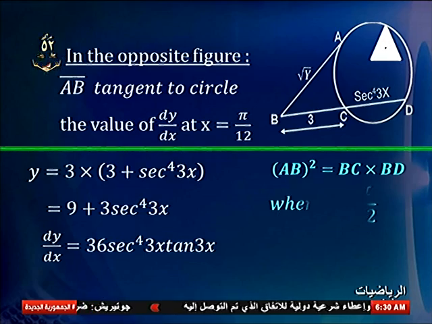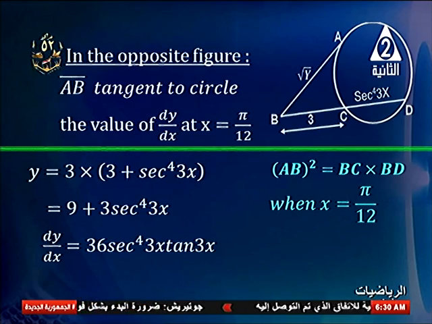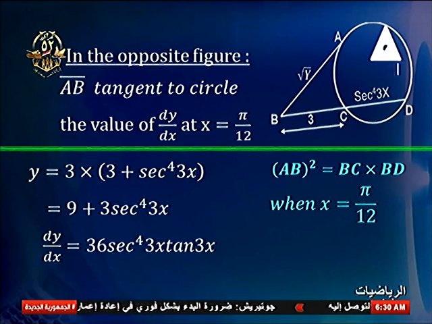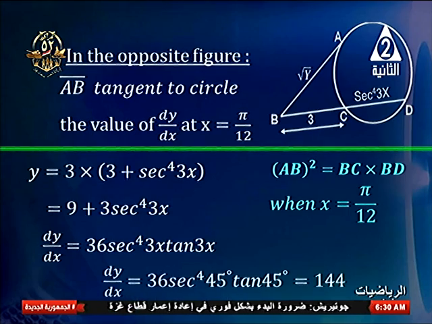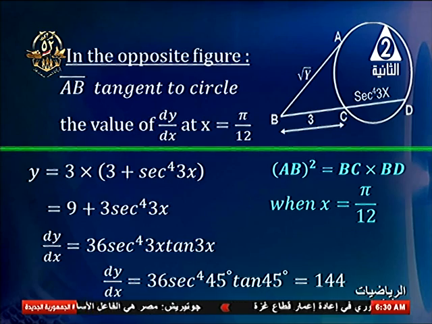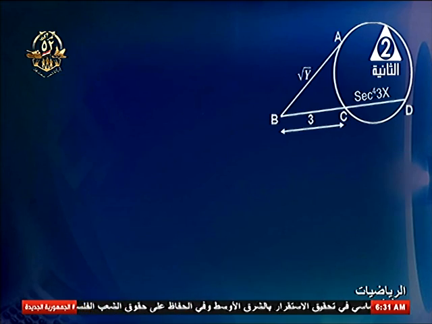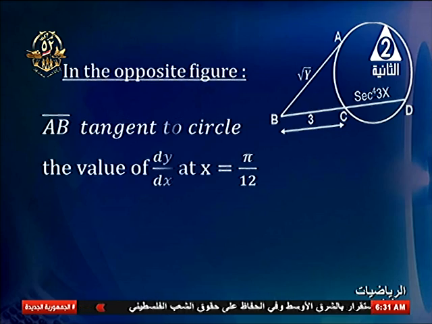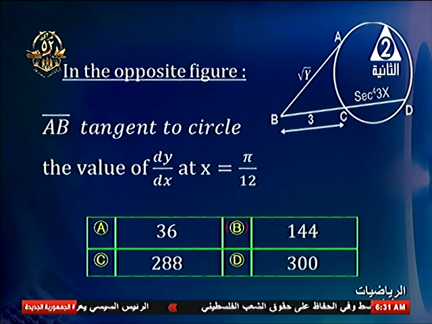Then by substitution of x equals pi over 12, the answer is 36 times sec power 4 of 45 tan 45, which is 144. Choose the correct answer from the previous letters: letter B, 144.